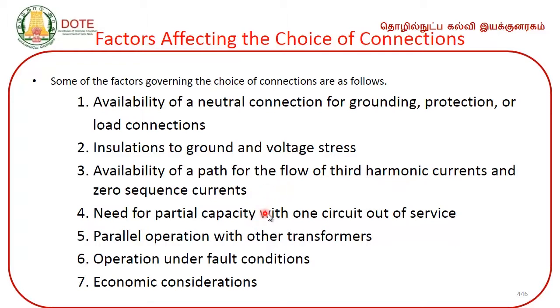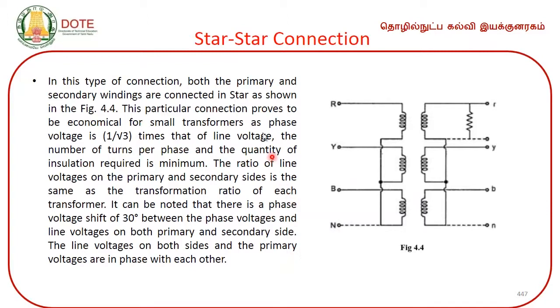Number 4, need for partial capacity with one circuit out of service. Number 5, parallel operation with other transformers. Number 6, operation under fault conditions. Number 7, economic considerations. Now, we will discuss the first topic, which is star star connection.